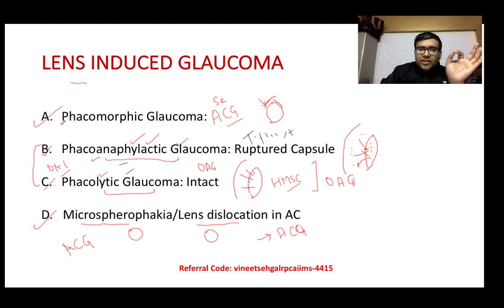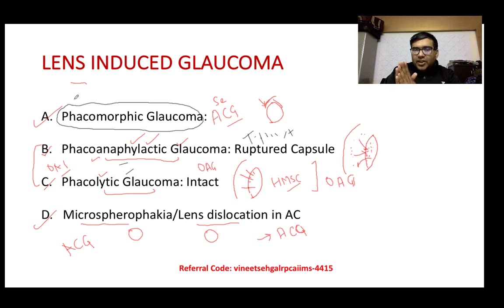In phacomorphic glaucoma, you can give the patient IV mannitol, decrease the IOP, and do the cataract surgery. So the ultimate treatment in any of these types of glaucoma is not glaucoma surgery but cataract surgery after decreasing the intraocular pressure.